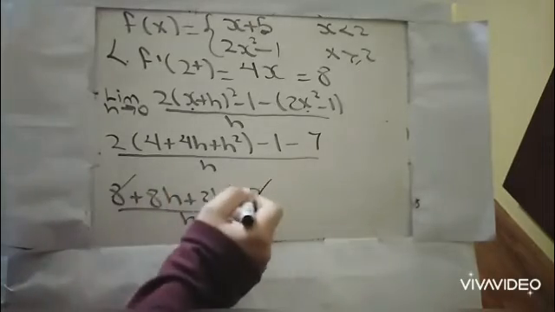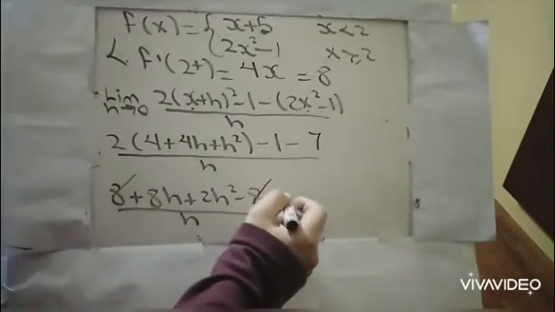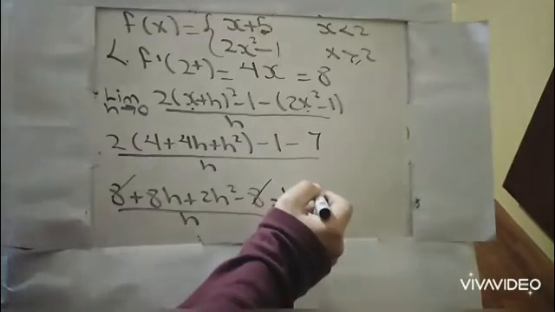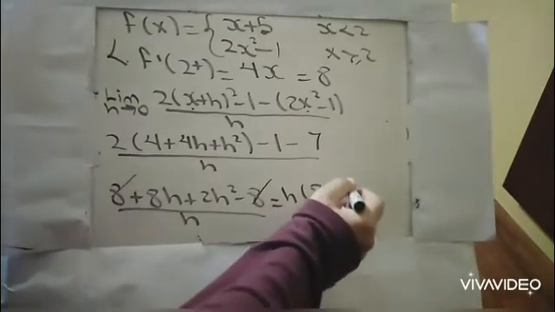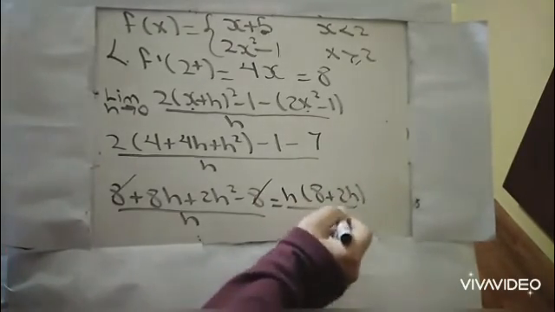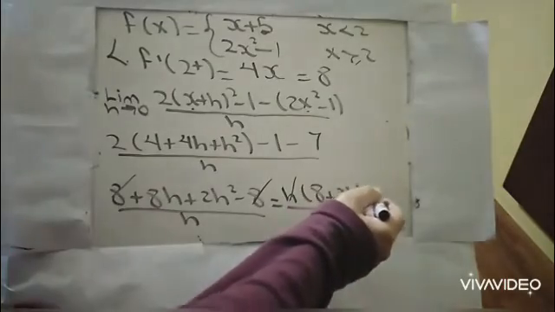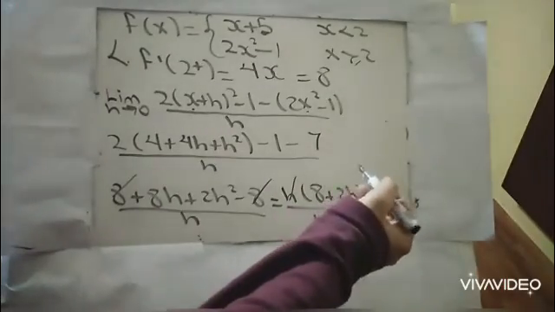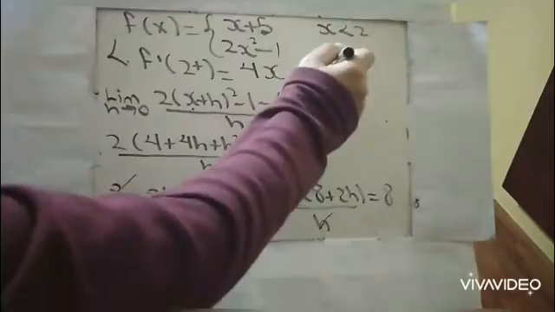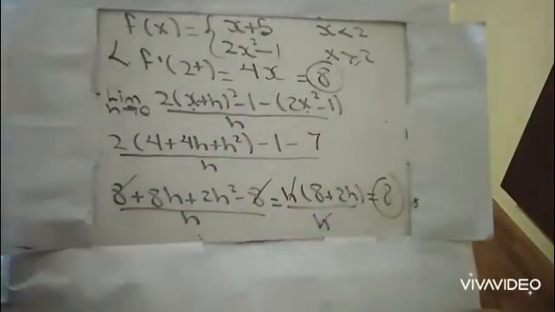So 8 minus 8 go together. I can take h as a common factor. It will be 8 plus 2h over h. So when I put 0 instead of h, it will be 8. So we are finding here that f'(2) positive is 8, as we said.